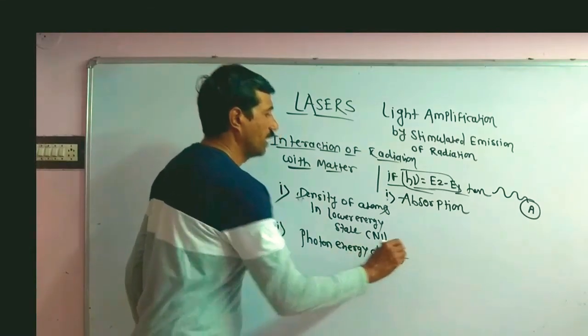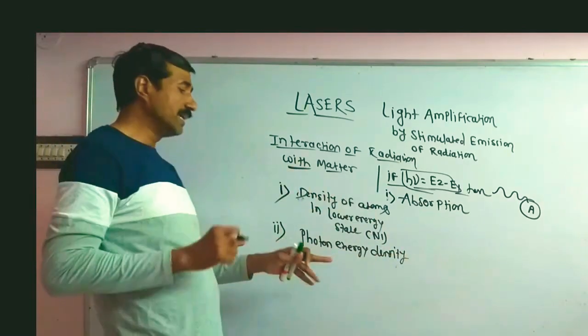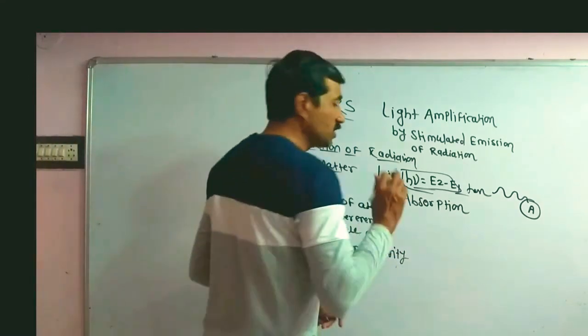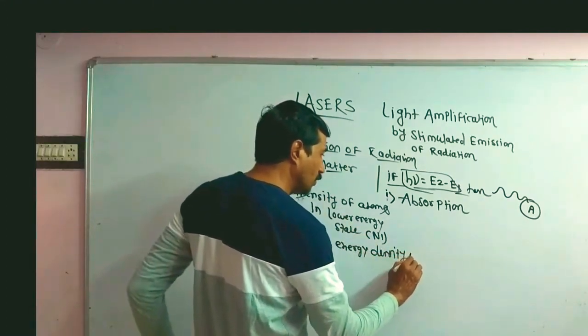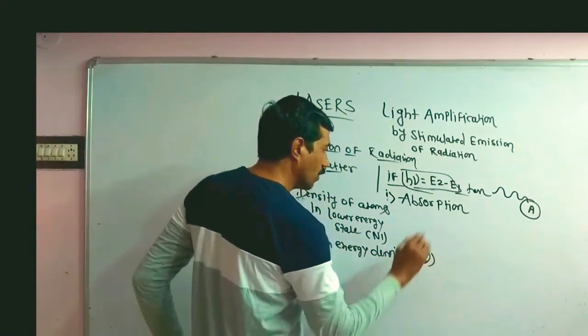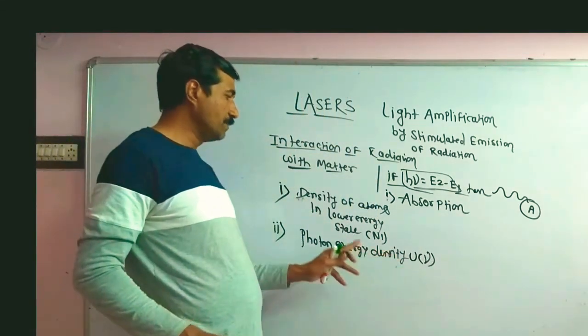This is also called the photon density or spectral density, which is a function of the frequency mu. So it is denoted by U of frequency mu.